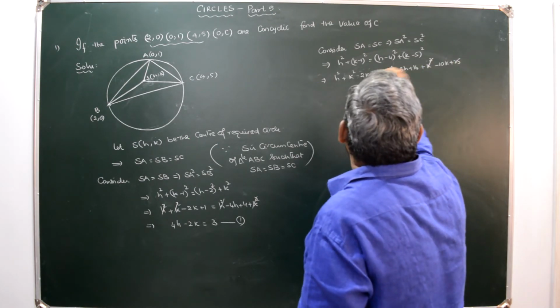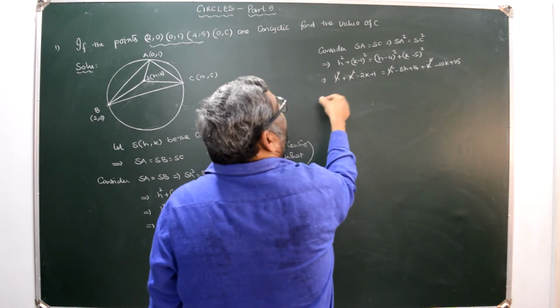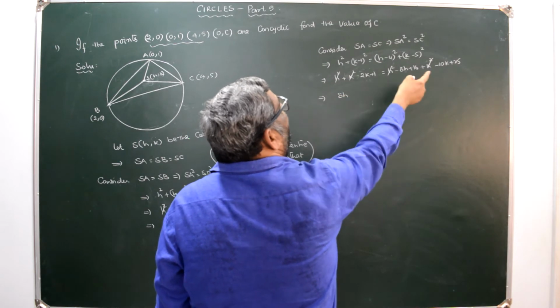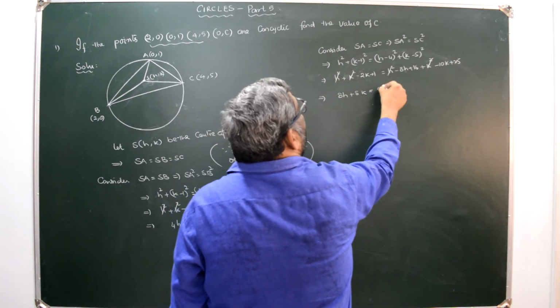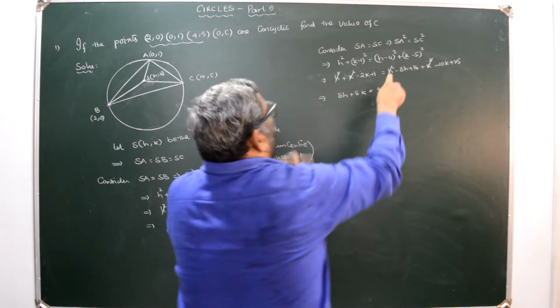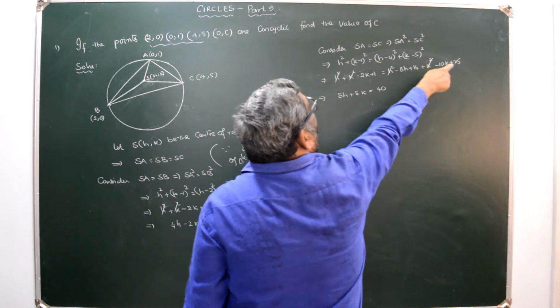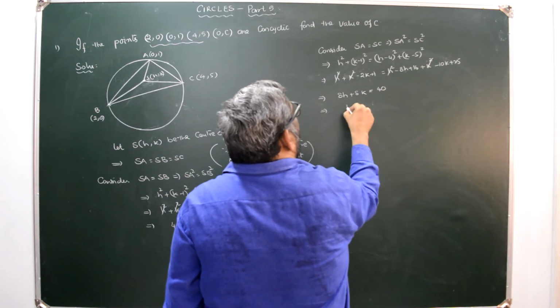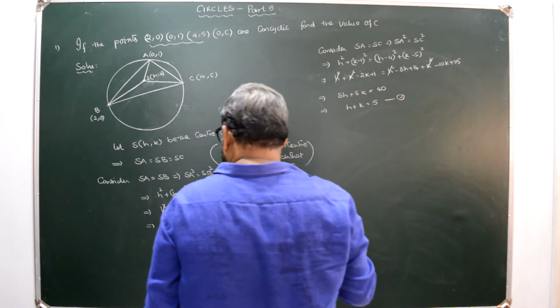H square and K square get cancelled. This is 8H plus 8K equals 41 minus 1, that is 40. So H plus K is equal to 5. You can call this the second equation.